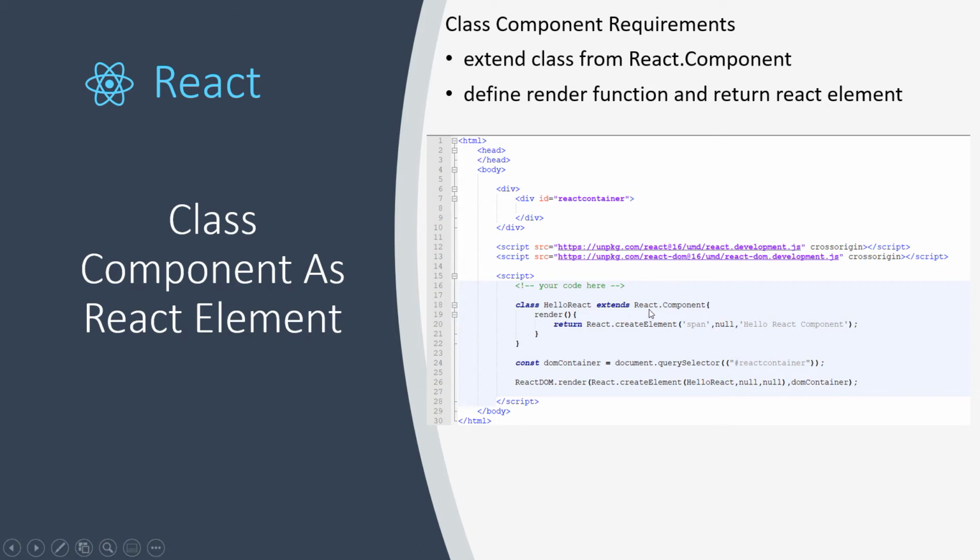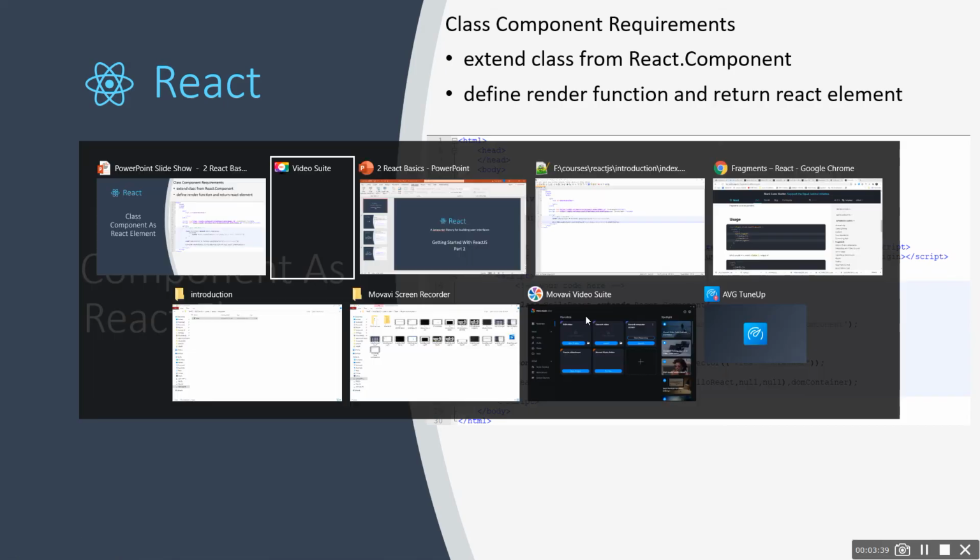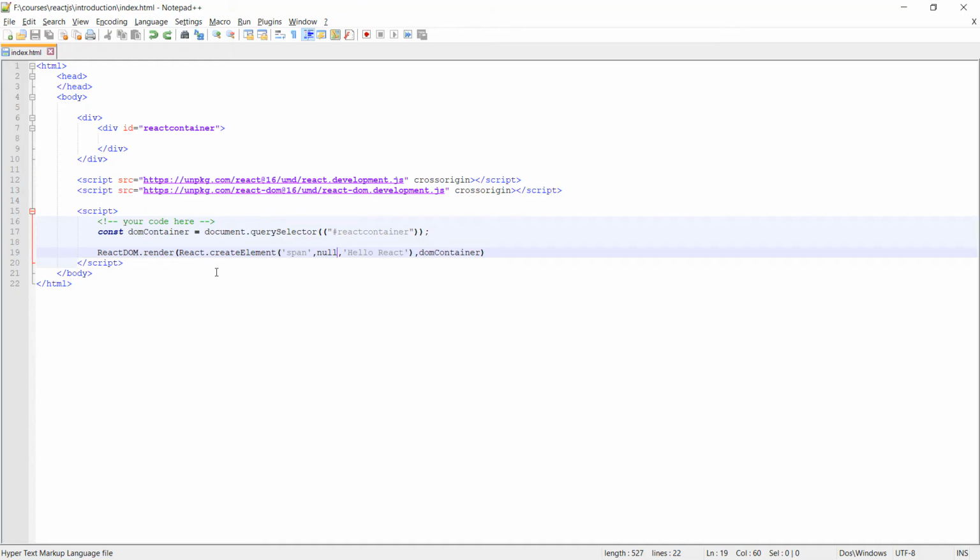So now it's time to do some hands-on stuff, and we will create this component. You can see this is the same code which we explored in the previous video. I will change it to use the class-based component.